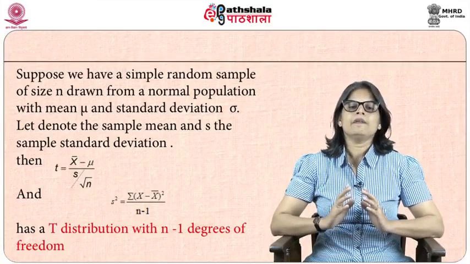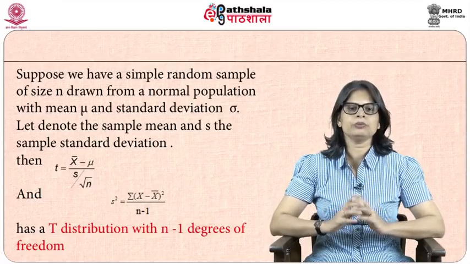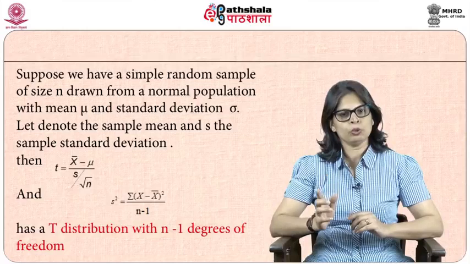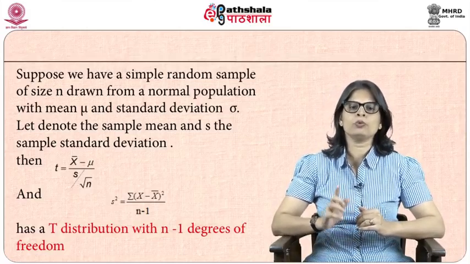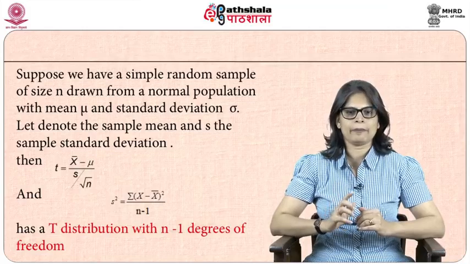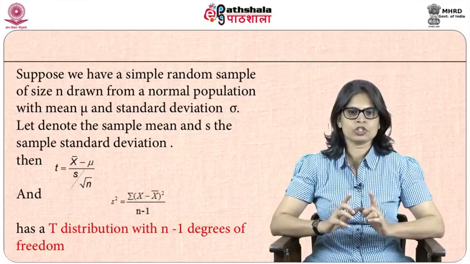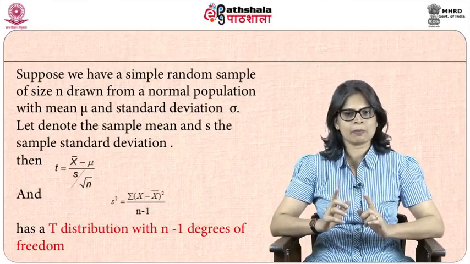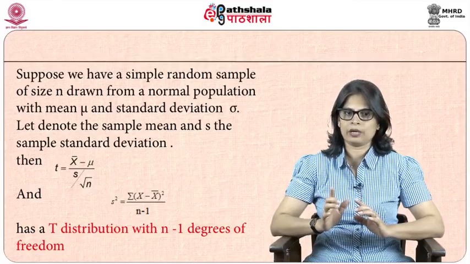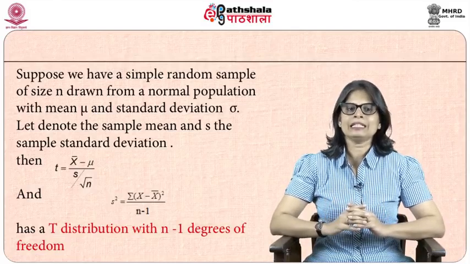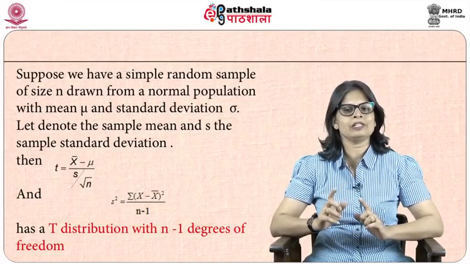Then the variable t is given as t equals x bar minus mu divided by s upon square root of the sample size n. Here s squared is the summation of (x minus x bar) squared divided by n minus 1. This variable t has a t distribution with n minus 1 degrees of freedom.